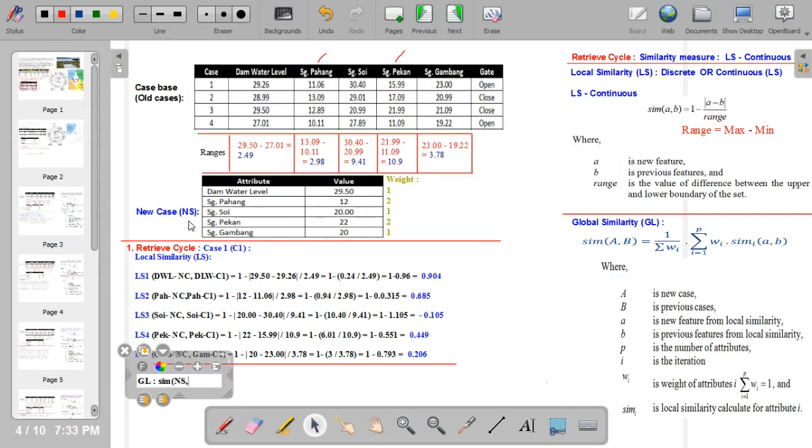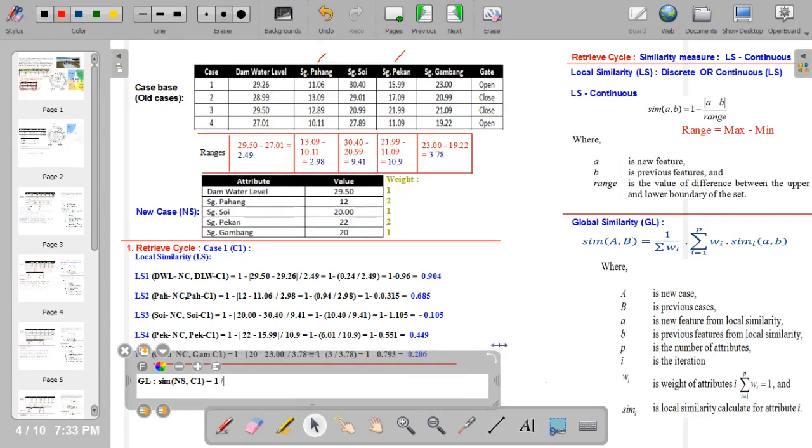So the similarity between NS, the new case, and the old case, case 1, represented as C1, is equal to 1 divided by the summation of the weights. I'm going to do brackets here for the summation of the weights. How many weights do we have? We have 5 attributes, right? 1, 2, 3, 4, 5.